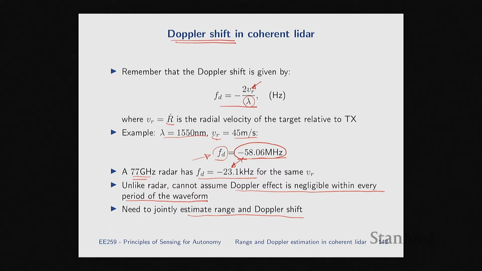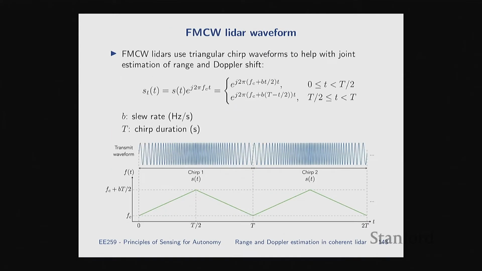Okay, so that sounds like a big challenge, but it turns out that folks came up with a very smart trick in waveform design to solve this. Now we're talking about FMCW LiDARs, frequency modulated coherent LiDAR.